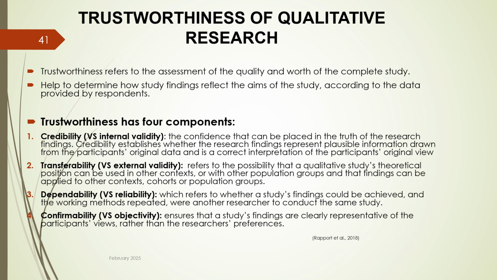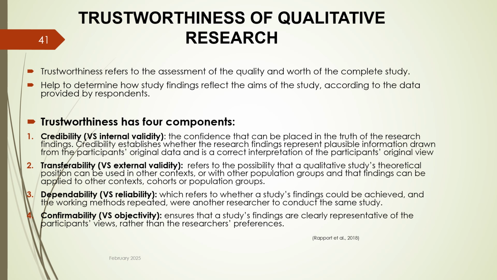Thirdly, we are talking about dependability, which is versus reliability in quantitative research. It refers to whether study findings could be achieved and the working methods repeated were another researcher to conduct the same study. How can it be achieved? By making what we call an audit trail, which is documenting almost every detail in doing and performing your research.